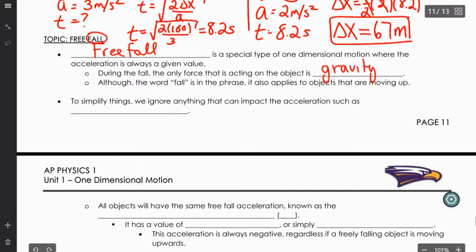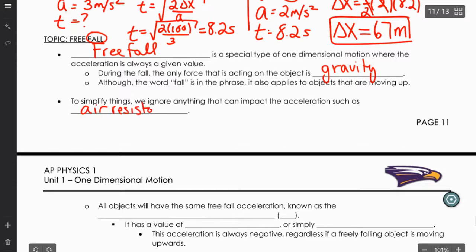This is where we talk about the physics world, so you can see the word fall is in the phrase. It also applies to objects when you throw them upwards with a velocity. Now, to simplify things, we're going to say only under the influence of gravity, and that we're going to ignore air resistance.